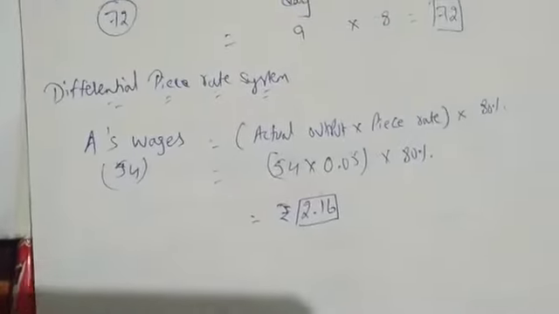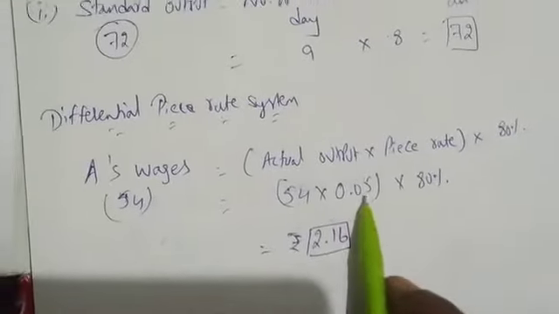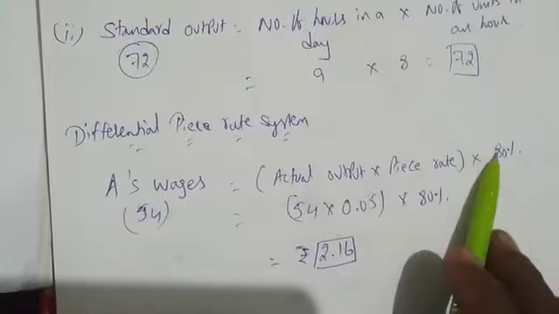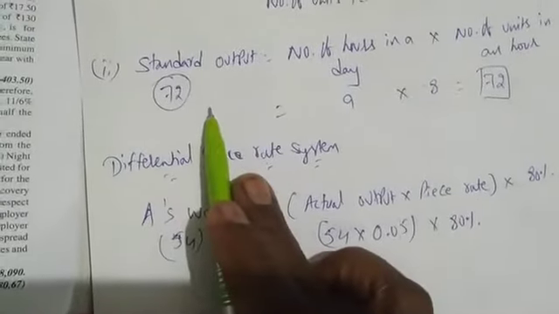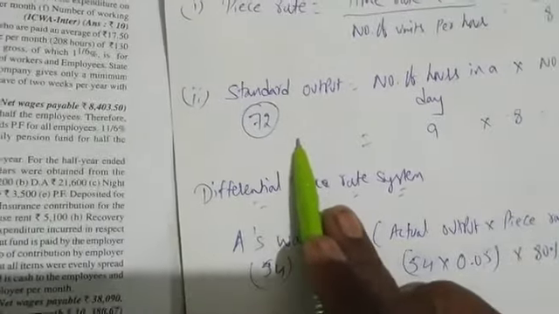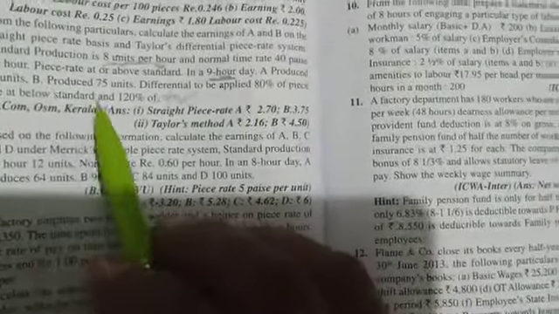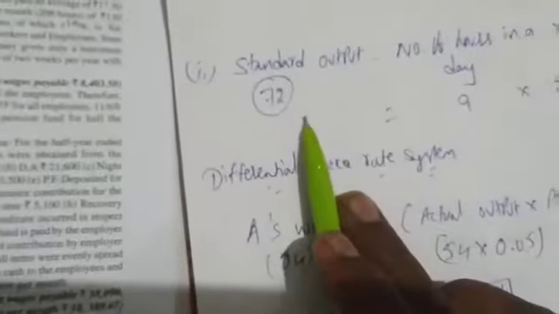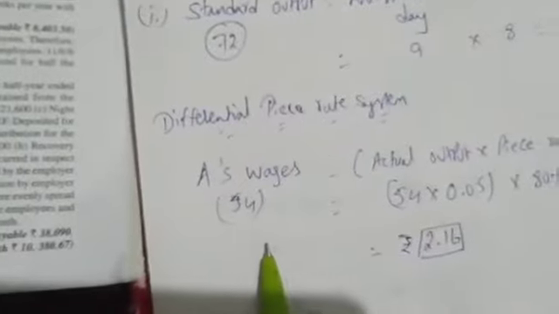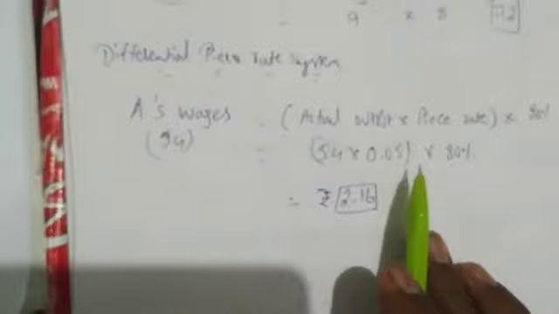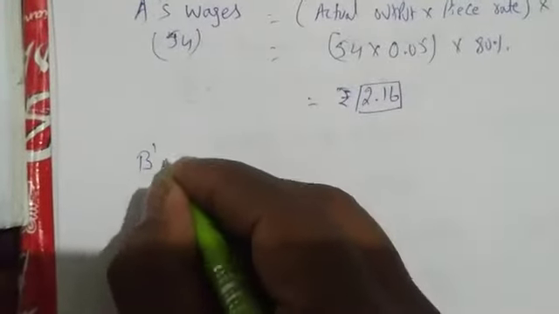Got it? Simple. Actual output into piece rate. Piece rate we have here, and actual output is given in the question. Why are we giving 80%? Because standard output is 72. In the question he says differential to be applied 80% of piece rate at below standard. So 72 he has to produce, but he produced how much? 54. So he will receive 80% of actual output into piece rate. Next, B's wages.